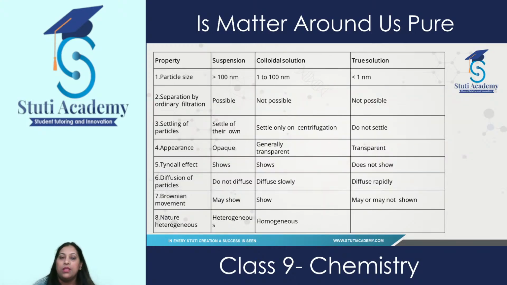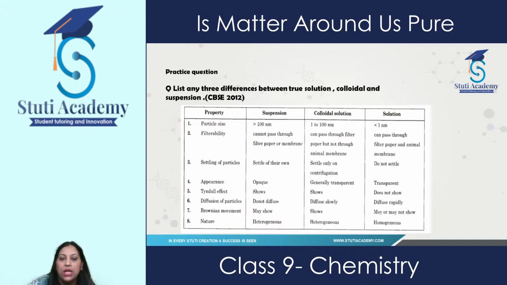Now, these are the properties, and how can we differentiate them? I have already discussed this with you, so I'll not discuss it again. Now, what kind of question can come on the basis of this topic? List any 3 differences, 4 differences, 5 differences, 1 difference, anything. This question can come in any form. So when this question comes in the exam, you need to write the differences between these 3 different solutions, and it's a frequently asked question.